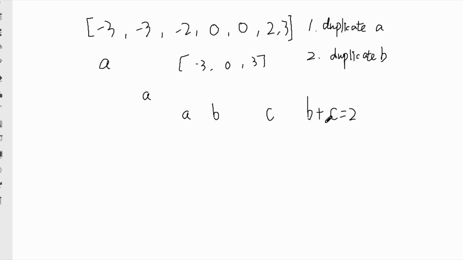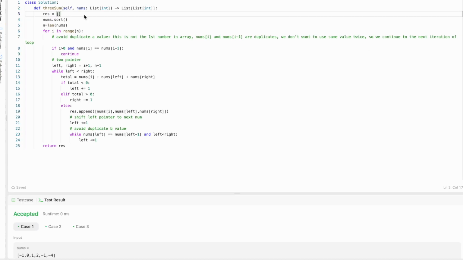Then we keep going. B moves to the next number, and then we see we have duplicate B's. They are both 0. In this case, we use the same method, which is to skip the duplicate B and move to the next one. Now, let's code it up.